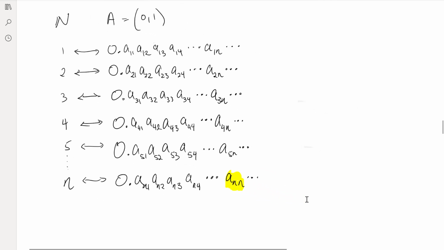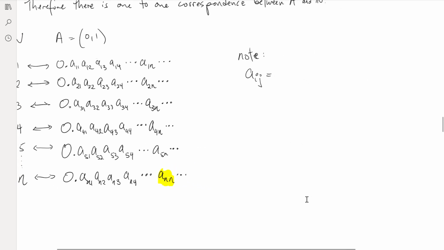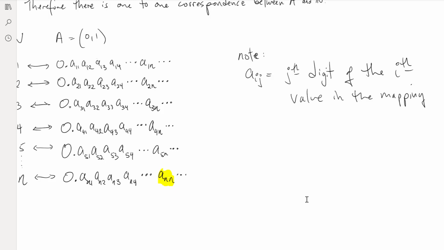We could put that off on the side here. We could say when we talk about a sub ij, this is the jth digit of the ith value in the mapping or one-to-one correspondence with the natural numbers.